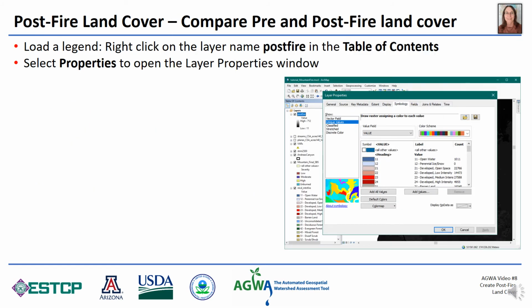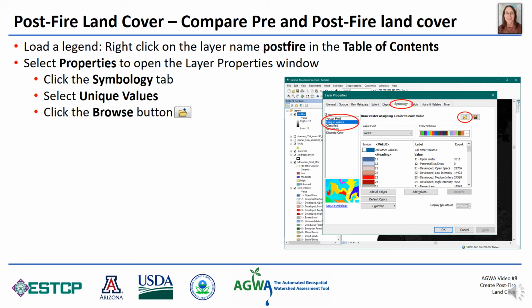Now that we have a pre-fire and a post-fire land cover, we can compare them by loading the legend. Right-click on the layer name Post-Fire in the table of contents. Select Properties to open the Layer Properties window. Click the Symbology tab and then click Unique Values in the Show box on the left side.